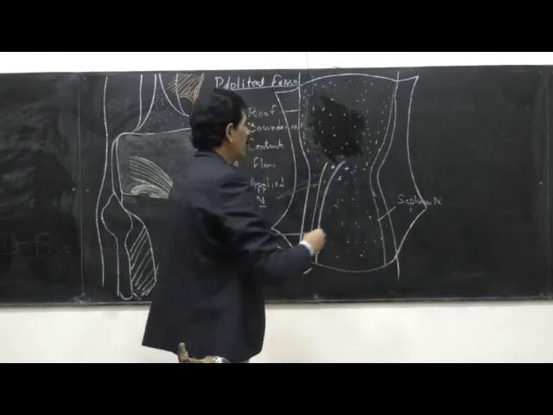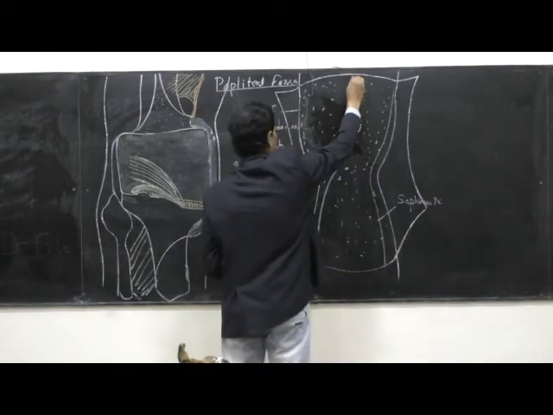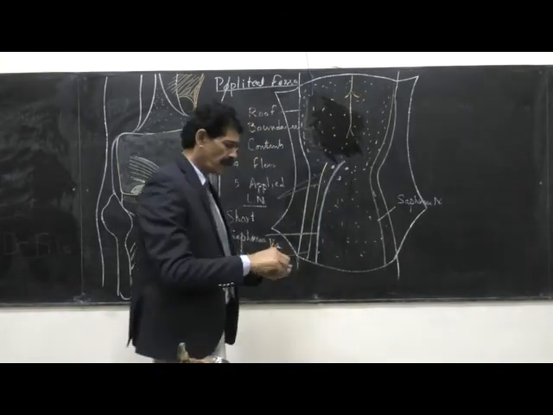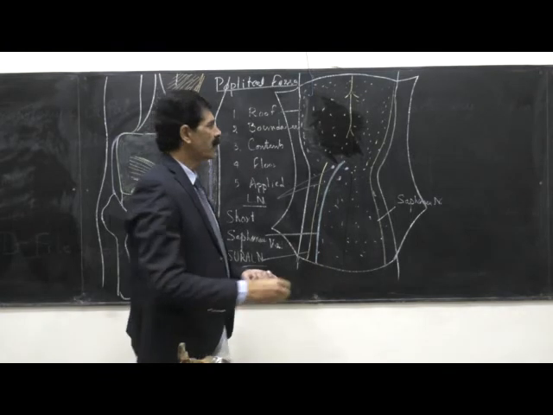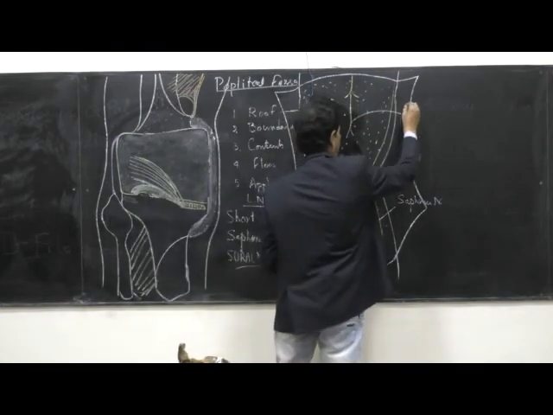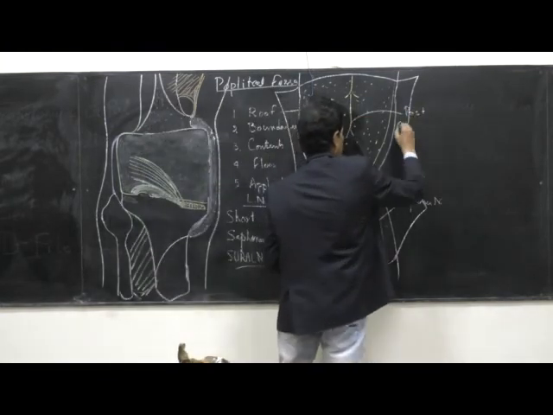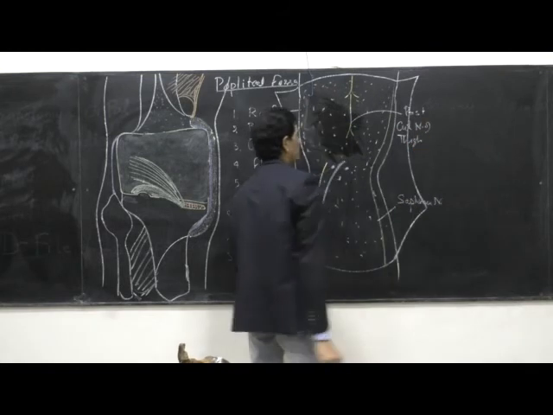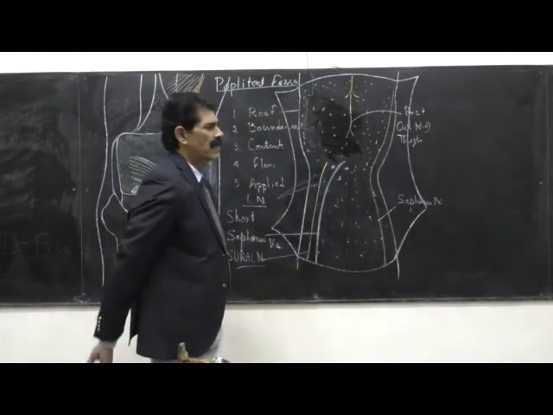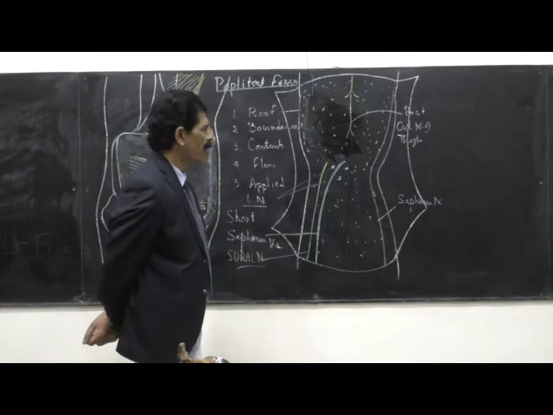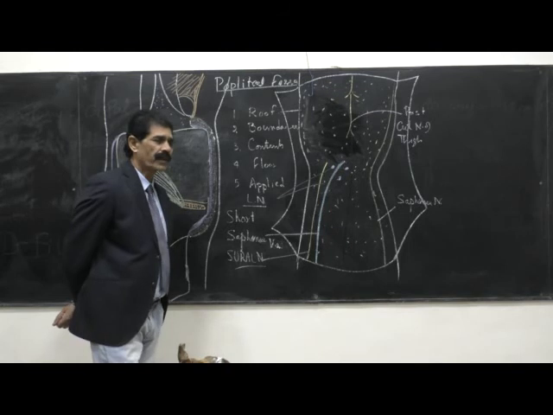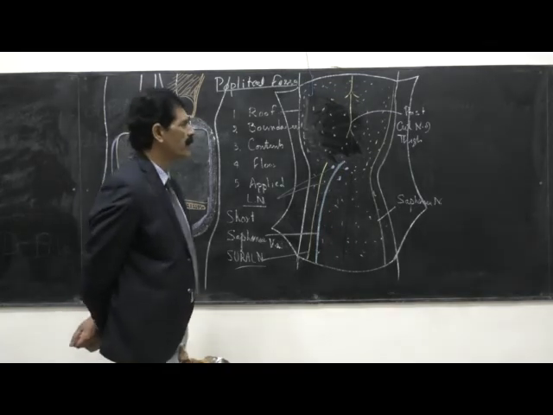Then in the middle of the upper part of this posterior part of the thigh, we also see the termination of the posterior cutaneous nerve of the thigh. So these are the structures we have to see in the superficial fascia of the roof of the posterior triangle of the popliteal fossa.